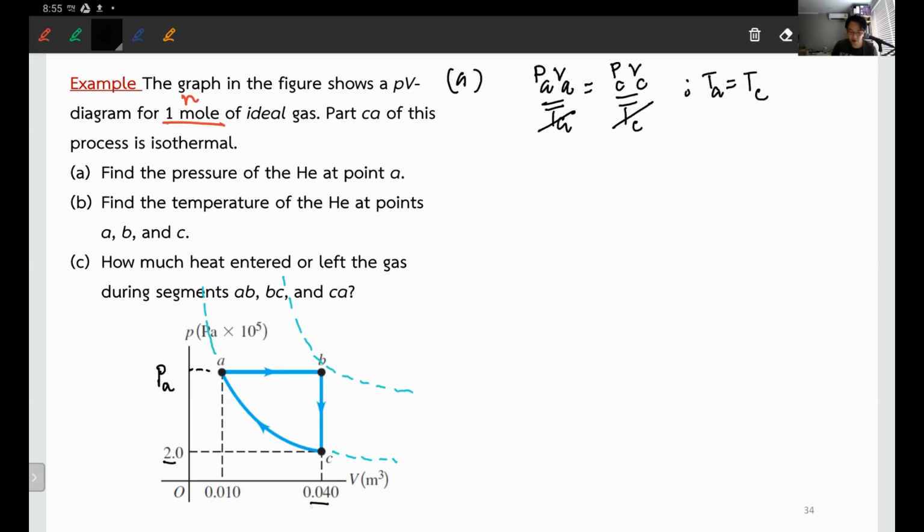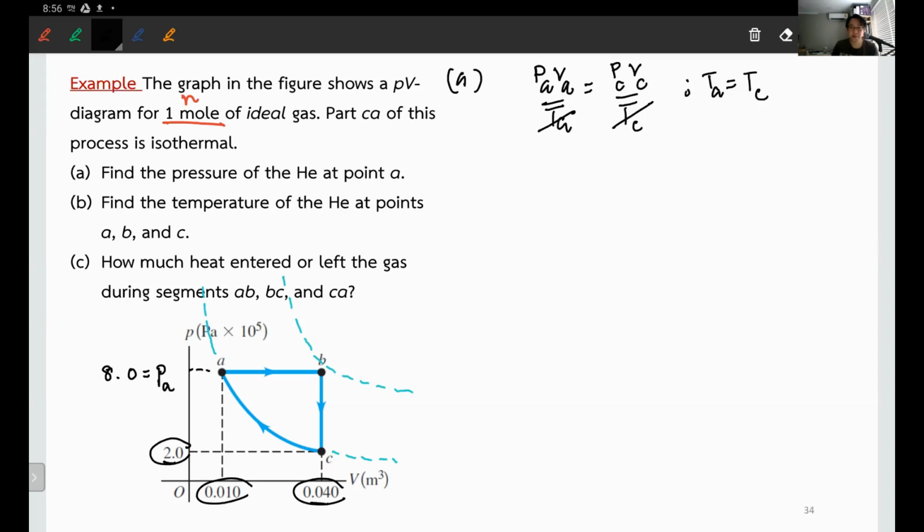And because from C back to A the volume decreases 4 times from 0.04 to 0.01, of course the pressure has to compensate by going up 4 times as well. You guys with me? Because the product has to be the same. So actually I can say right away it's going to be 8. Done. So you know exactly what the pressure at point A is.